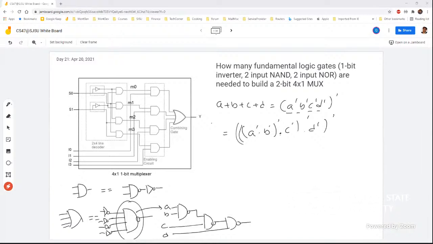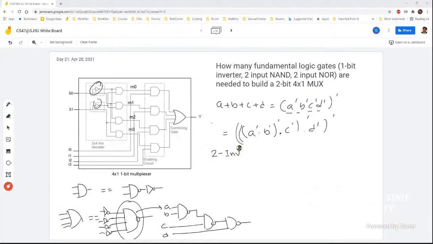We need to check that. I'll check it later and you can confirm the logical equivalency of this. But let's assume this is true for this case. In that sense, we can immediately count two inverters here.